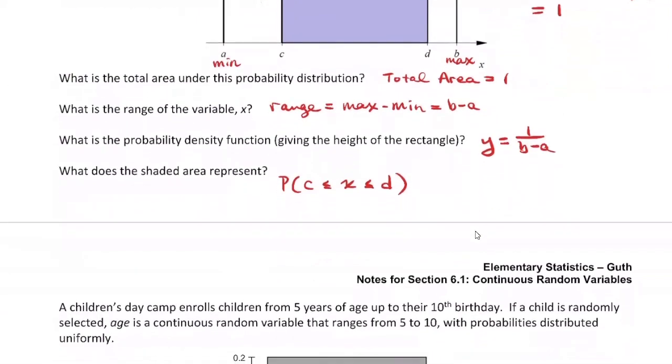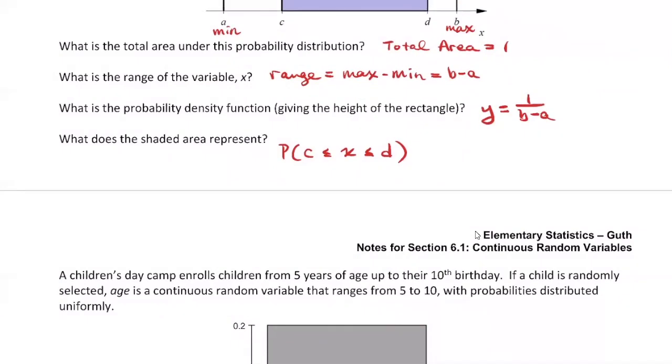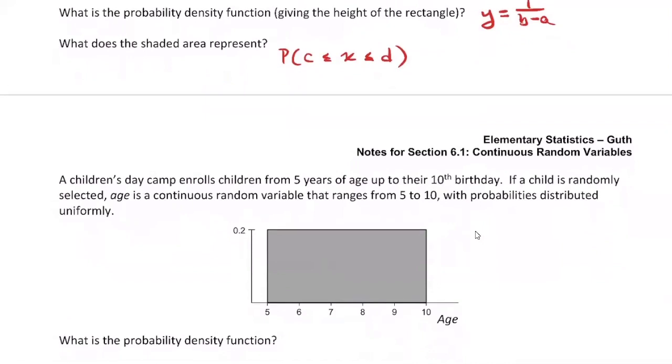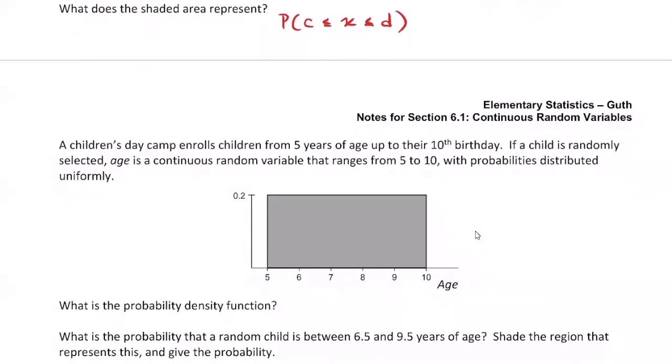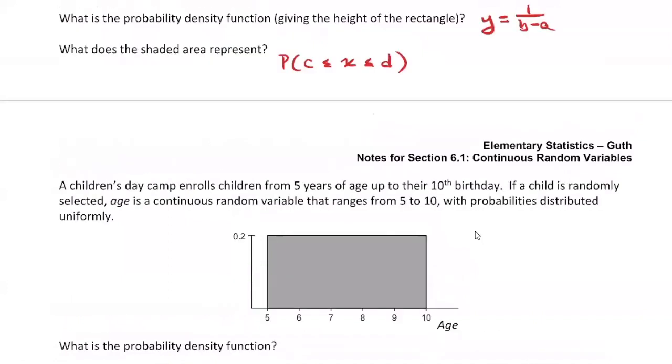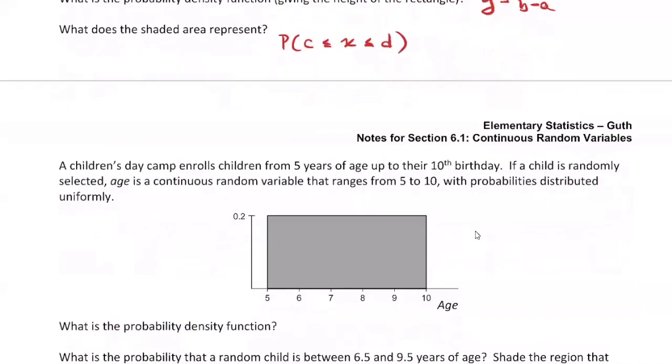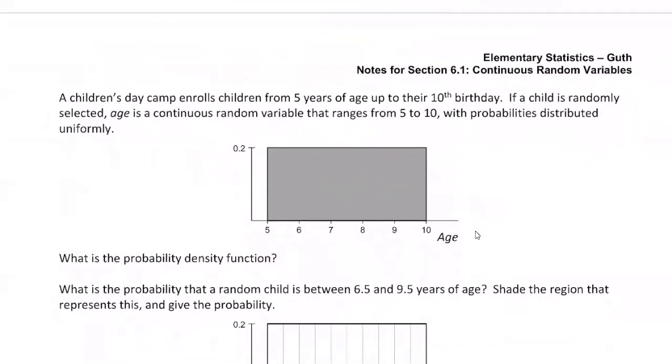Okay. I have a silly little problem down here, and this is just to help us get a sense of how you could use a uniform distribution. I'll never put this on a test, but I consider it sort of important just because uniform distributions are easy, and it gives us a sense of the concepts.